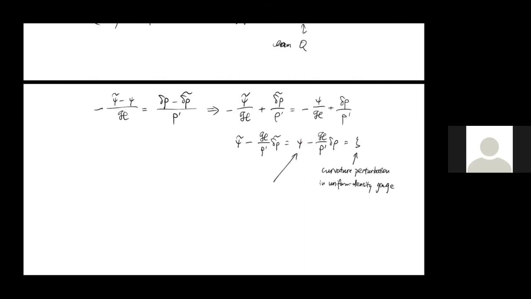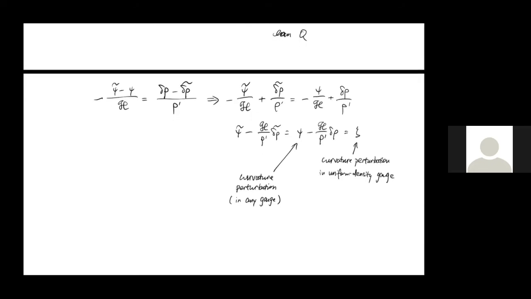That is one of the problems you have to solve. Some people will just call zeta the curvature perturbation for short, and they refer to it as the curvature perturbation in the uniform density gauge, but just discard the gauge condition.